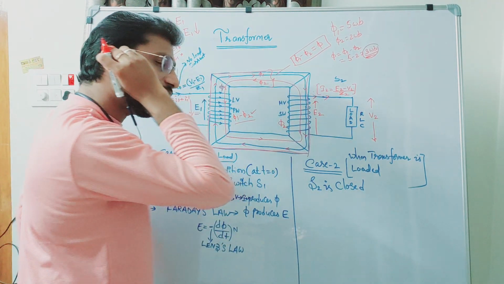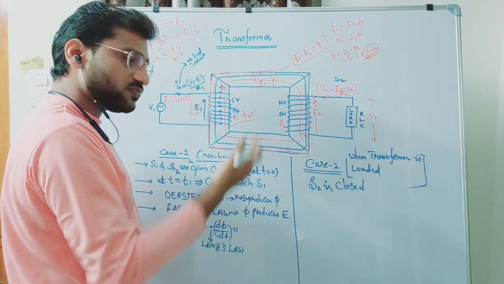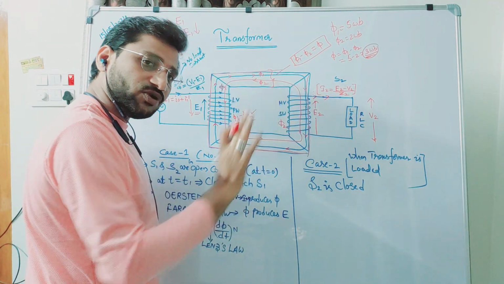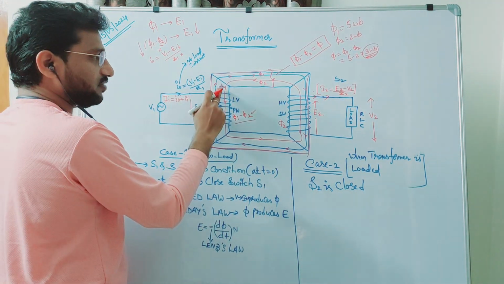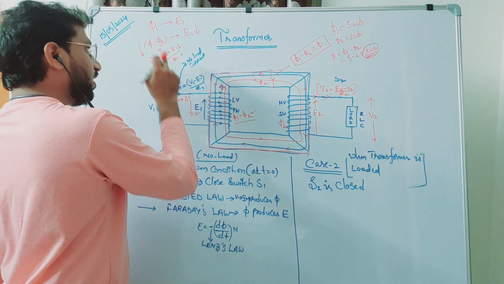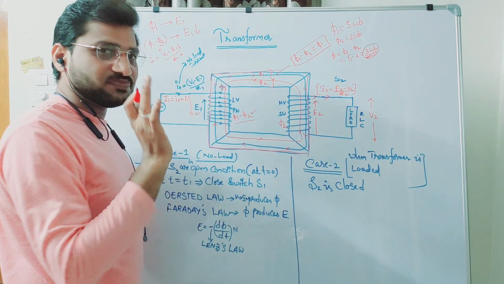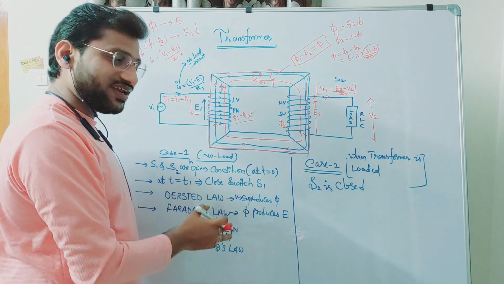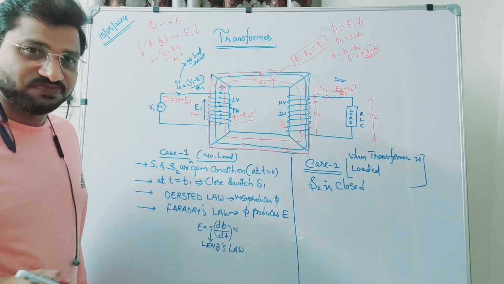By the amount I2 came into picture, phi 2 was produced. By that amount this flux decreased, that is phi 1 minus phi 2. By that amount E1 decreased, and by that amount this I1 dash increases.